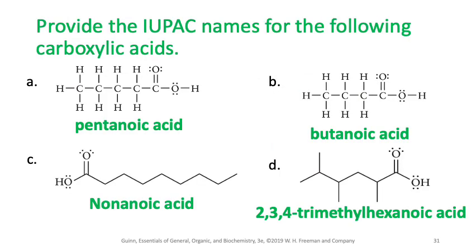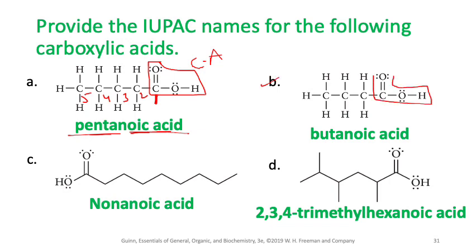So now let's try to name a couple of carboxylic acids, the IUPAC name. Let's start with the first one. The time I see this, this is a carboxylic acid, and we have to start with the carbon of the carboxylic acid. 1, 2, 3, 4, 5. 5 is pentane, the ending is oic acid, pentanoic acid. Let's do the second, B, again a carboxylic acid functional group.